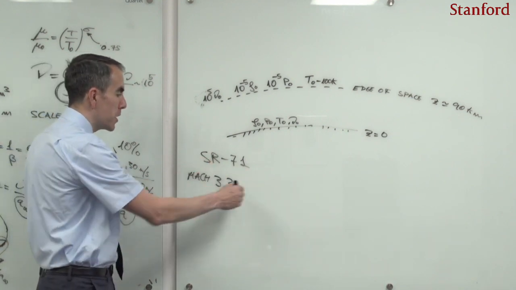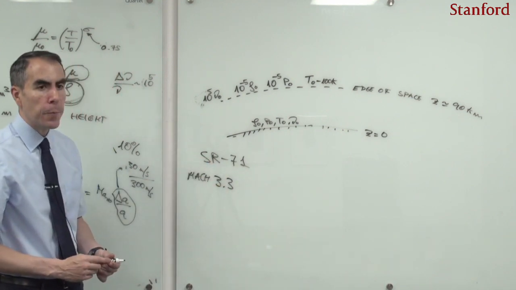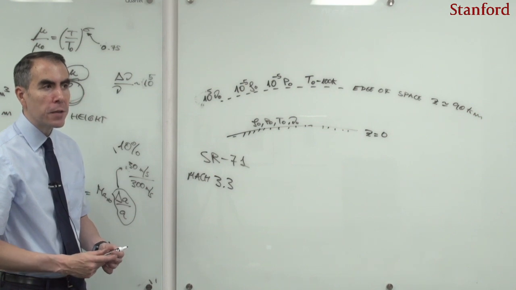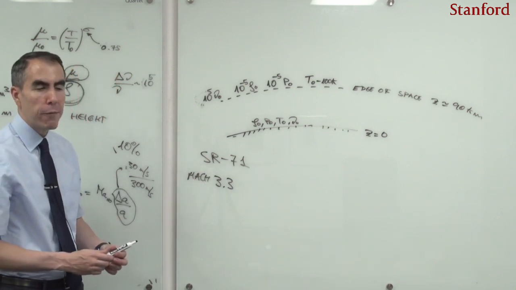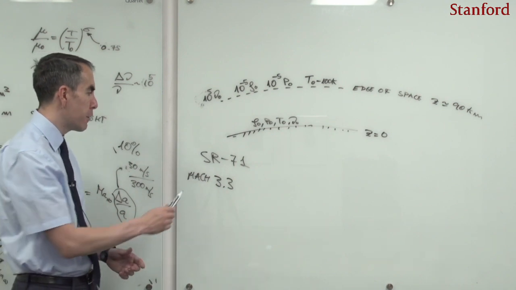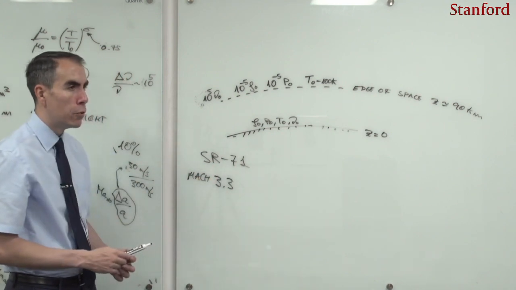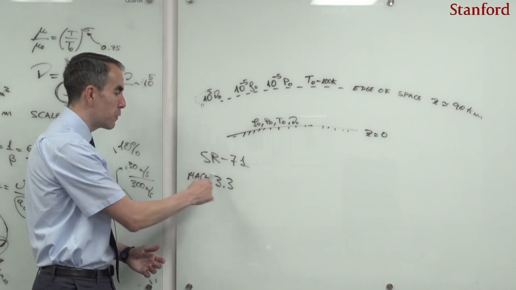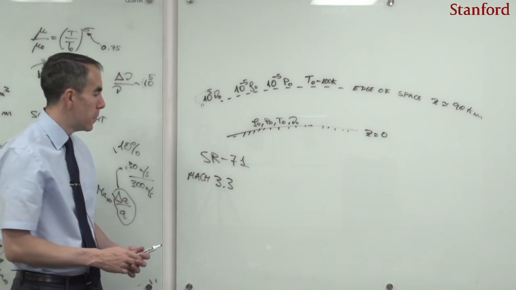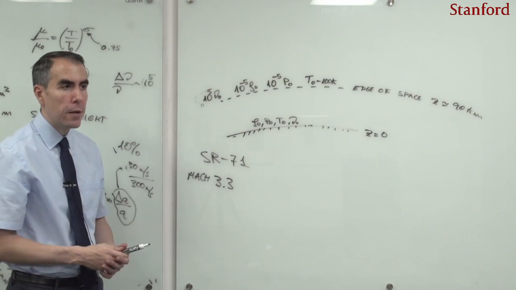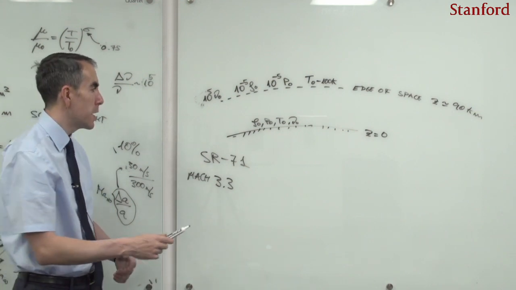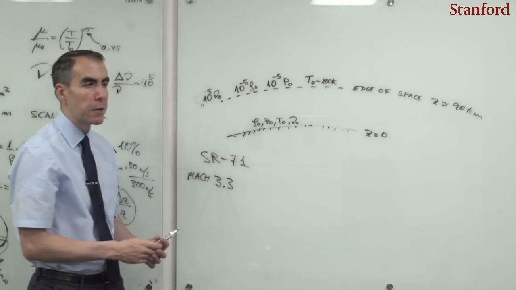One of the main concerns were the large variations in conditions that the SR-71 would have to withstand going from the tarmac to cruise flight in the stratosphere at Mach 3.3. Those variations could be, for instance, in terms of temperature, in terms of stresses, and also in terms of environmental conditions.